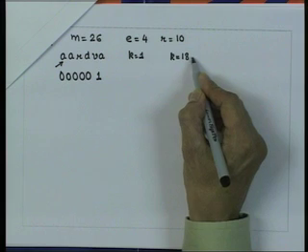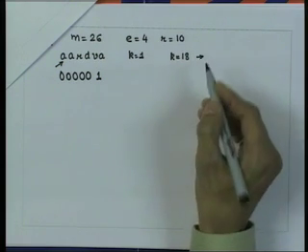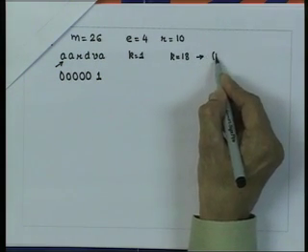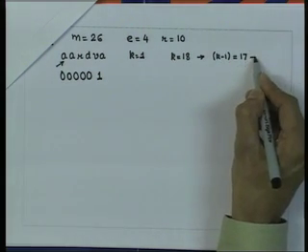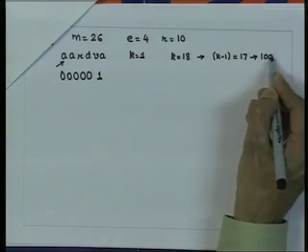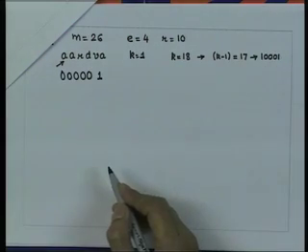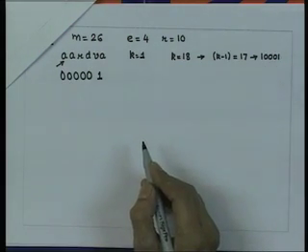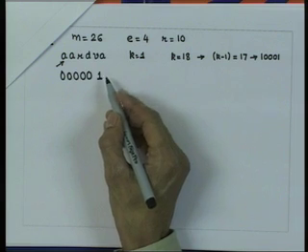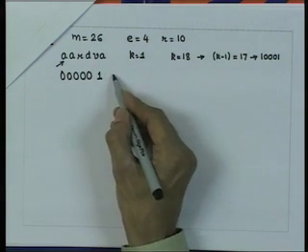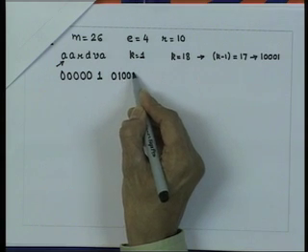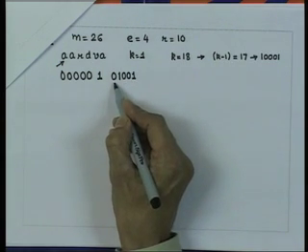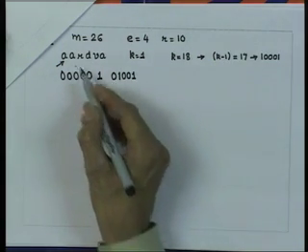So, we represent R as the binary representation of K minus 1, that is equal to 17, and that is equal to 10001. Therefore, the code word for the symbol R becomes 01001. This is the code word for the NYT symbol.